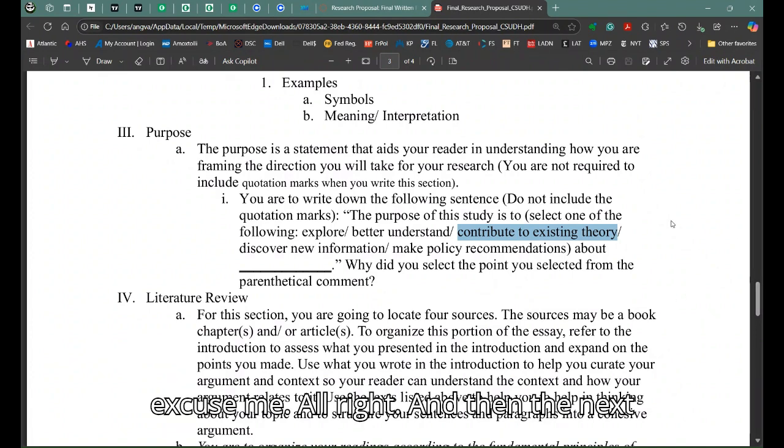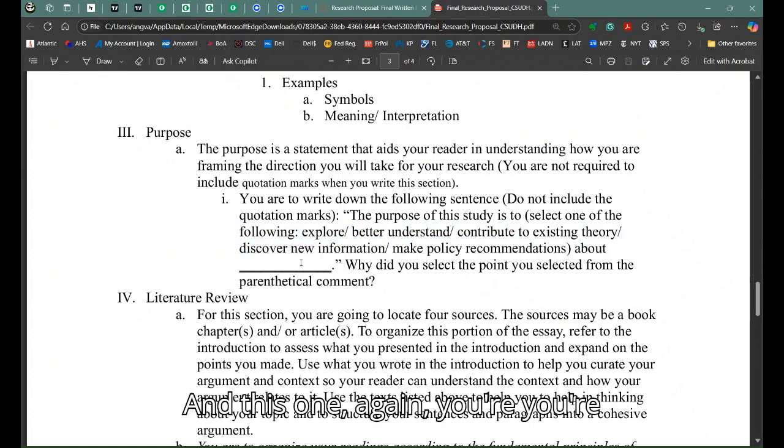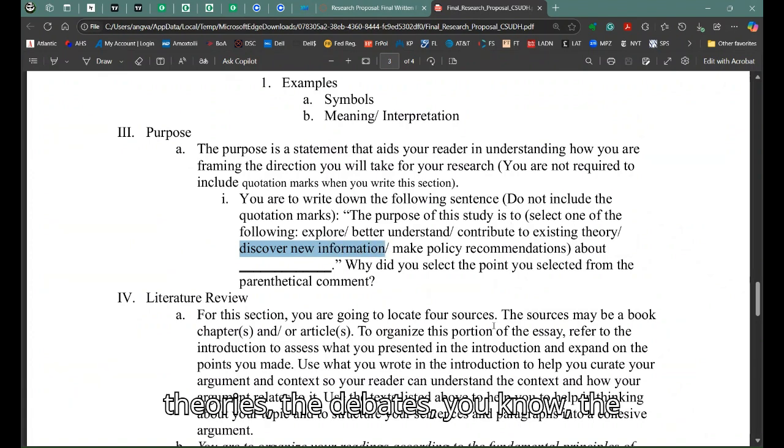All right, and then the next one is discover new information. And this one again, you're telling your reader that you have a strong command of the issues, the theories, the debates, the contributors. But based on your understanding, you notice that the existing literature is missing something, at least to what you've collected at the moment.